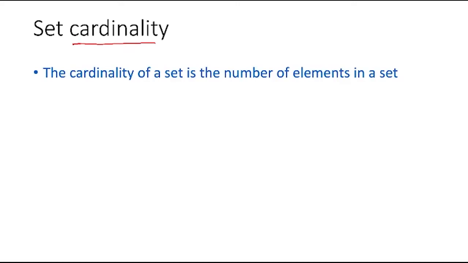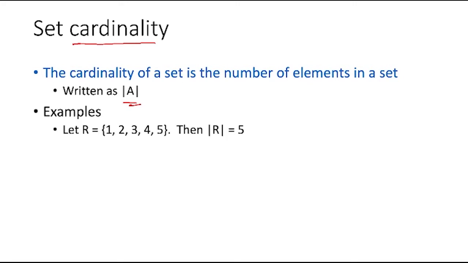Now the cardinality of sets. Cardinal means the number, right? The number of elements in a set, usually denoted by A within two vertical lines, right? For R, 1, 2, 3, 4, 5, the number of elements will be 5, right? The null set has no elements, so we write 0, right?